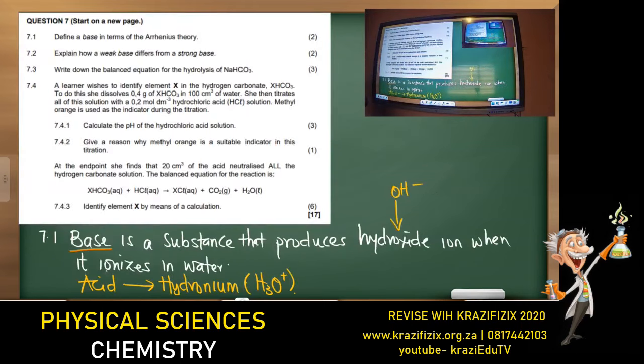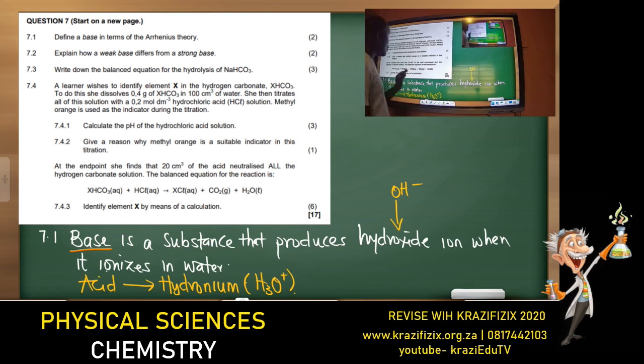Let's go on quickly. A learner wishes to identify element X in the hydrogen carbonate. So we have XHCO3. To do this, she dissolves 0.4 grams of XHCO3 in 100 cm cube of water. She then titrates all of this solution with a 0.2 moles per dm cube hydrochloric acid solution.